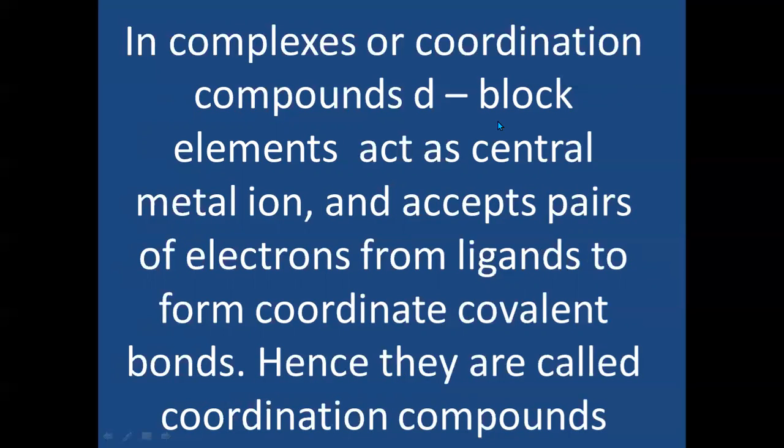What is a central metal atom? It accepts one or a few pairs of electrons from the ligand to form a coordinate covalent bond. This is the reason why they are called coordination compounds.